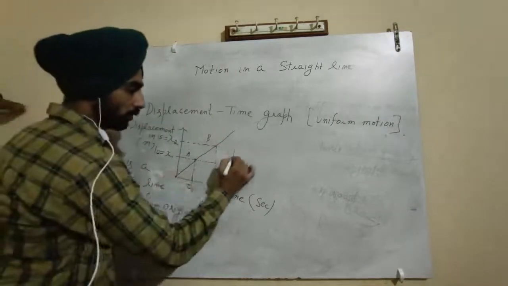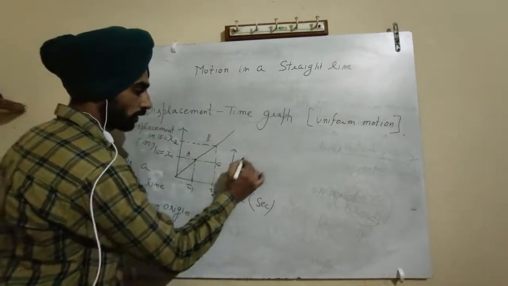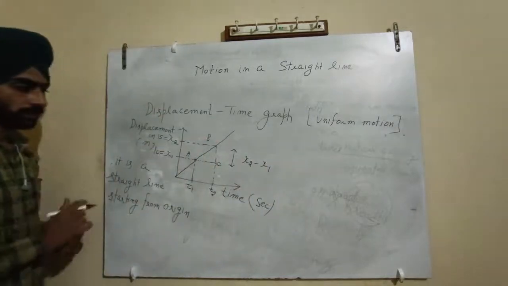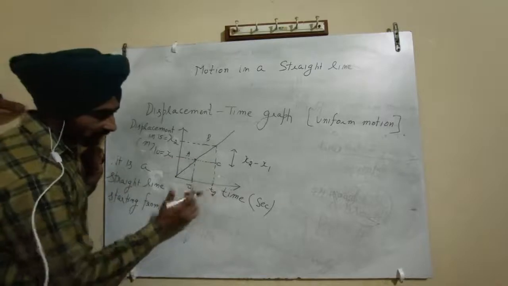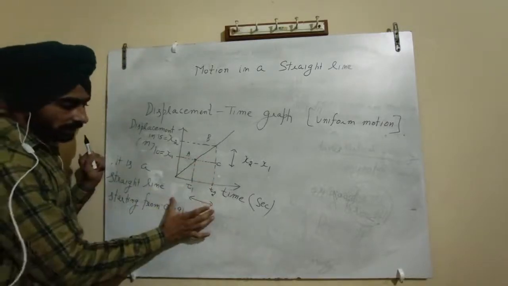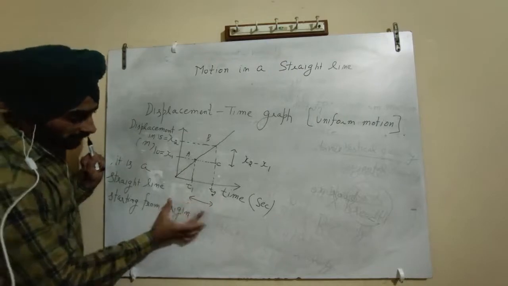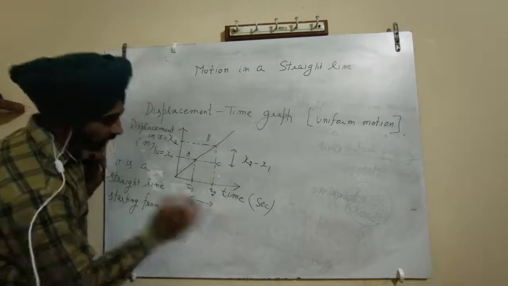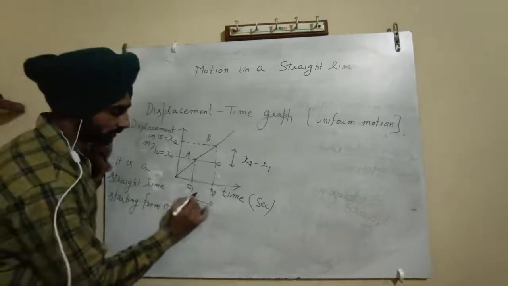So BC will be equal to x2 minus x1. And what will be the value of AC? t2 minus t1.